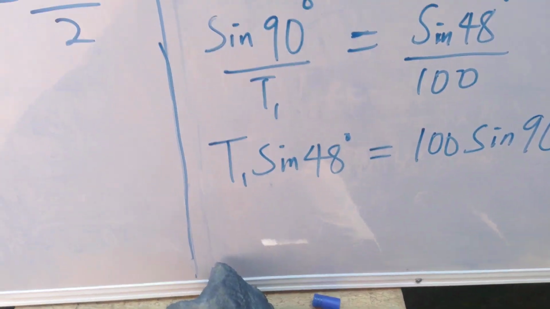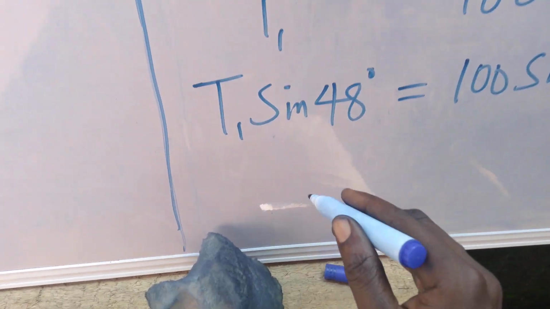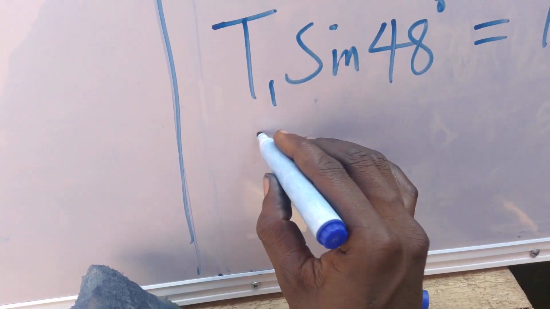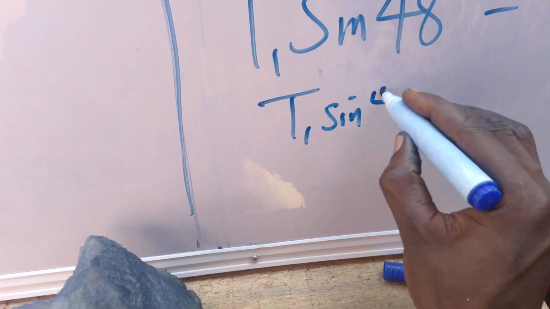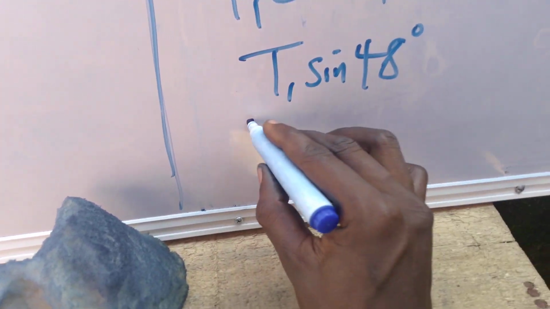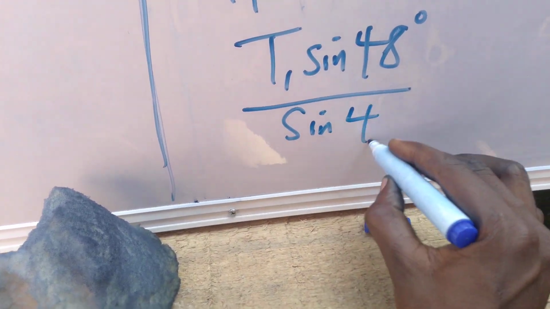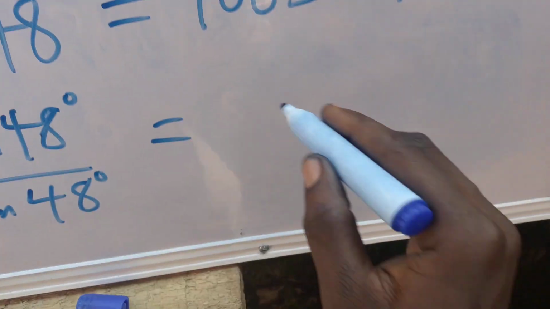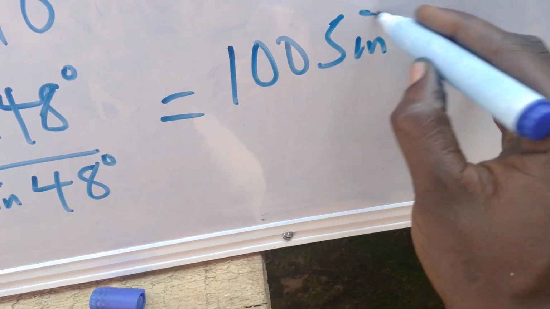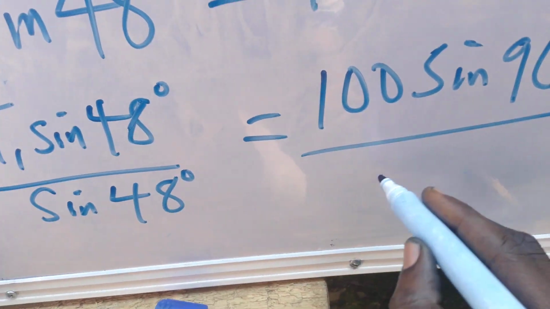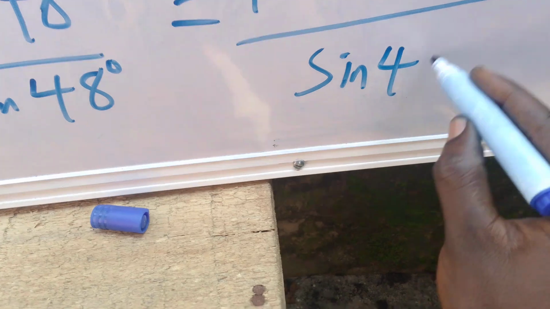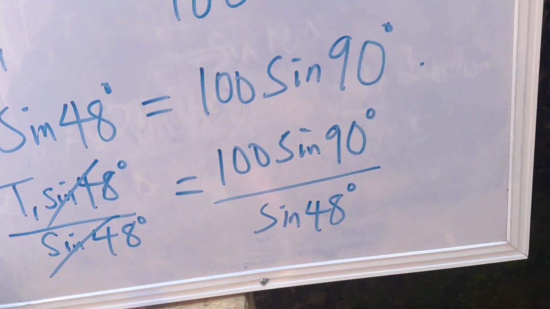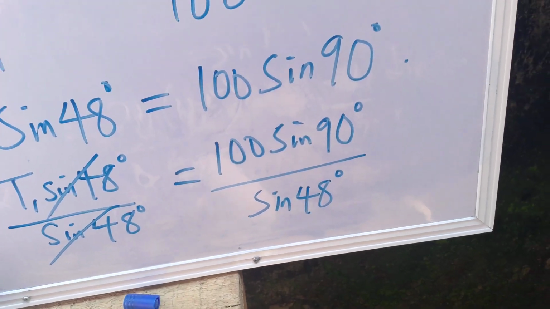I divide by the coefficient of T1, which is sine 48. T1 sine 48 degrees divided by sine 48 degrees equals 100 sine 90 degrees divided by sine 48 degrees. So this cancels out, and T1 equals 100 sine 90 over sine 48.